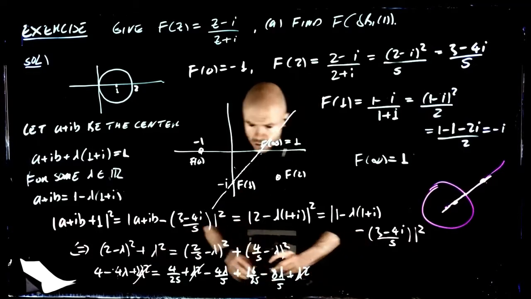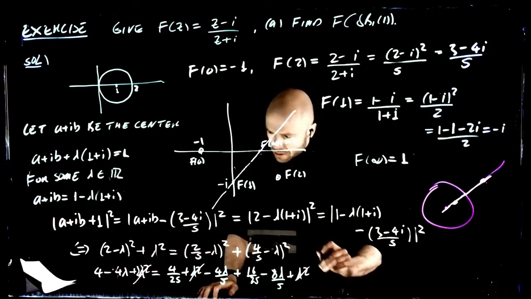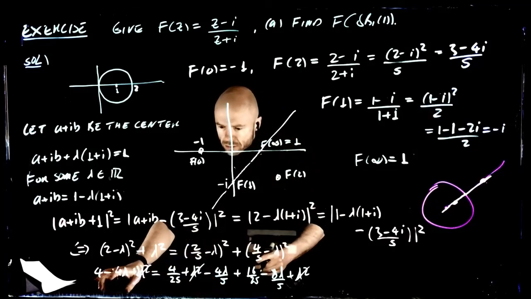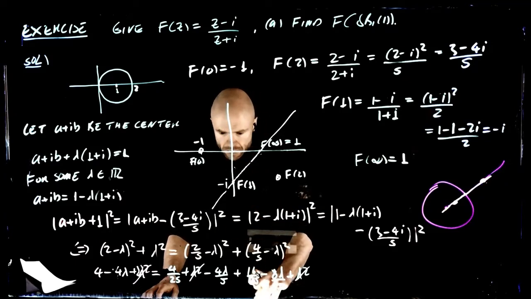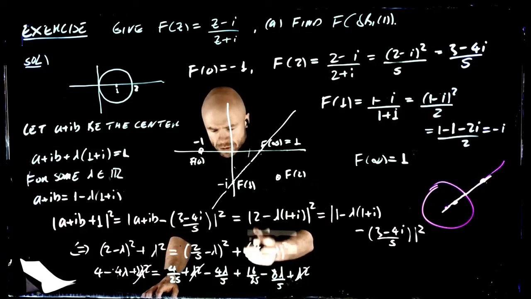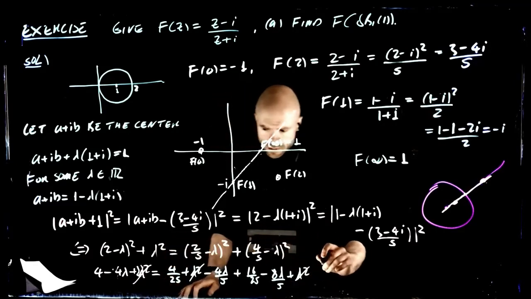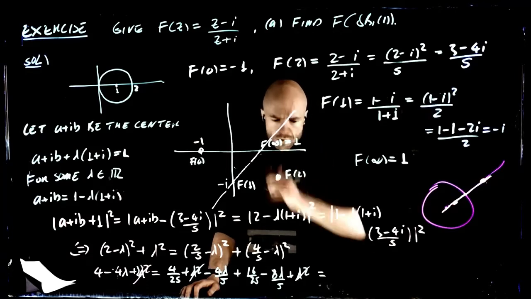That gives us lots of things. So let's put this stuff all together. This is a messy expression. Okay, so the 16 plus 4 now becomes 20, so it becomes 20 over 25. So then 20 over 25 is 4 over 5, right?